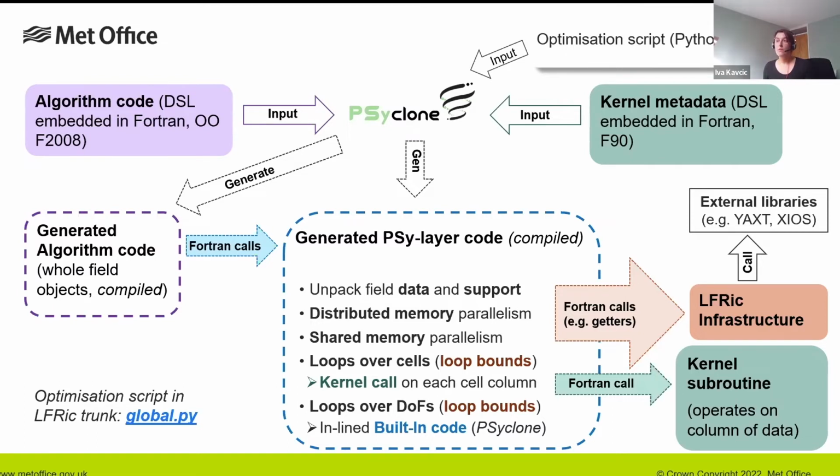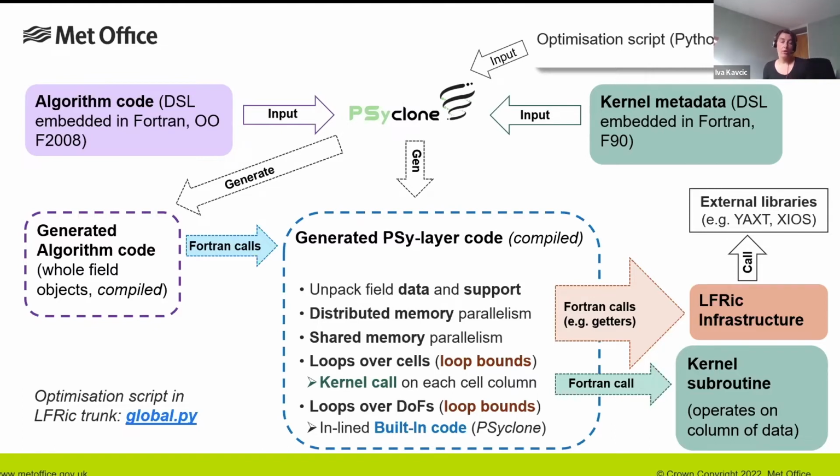As I said before, the data are unpacked, and we also apply optimizations such as distributed memory parallelism and shared memory parallelism. Shared memory parallelism is applied by PSyclone directly with the support of the LFRic infrastructure when it comes to continuous function spaces.